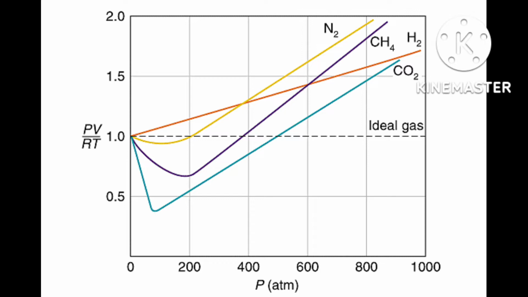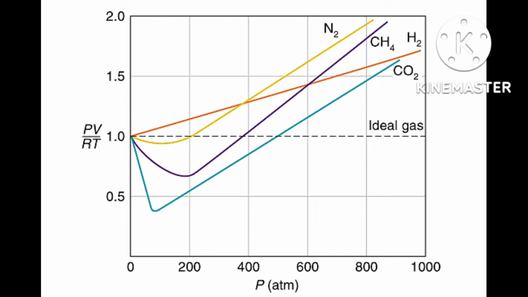For gases which deviate from ideality, the value of Z deviates from unity.